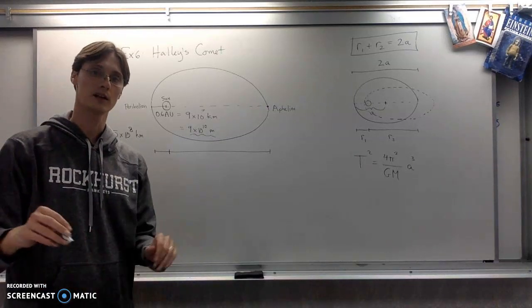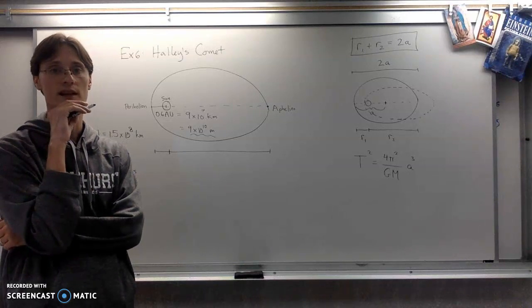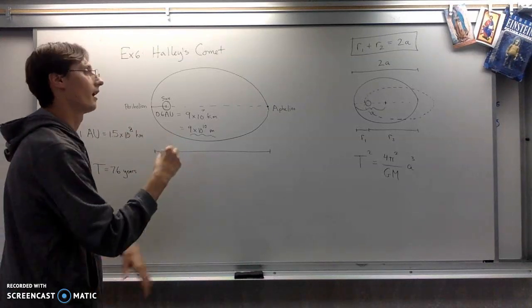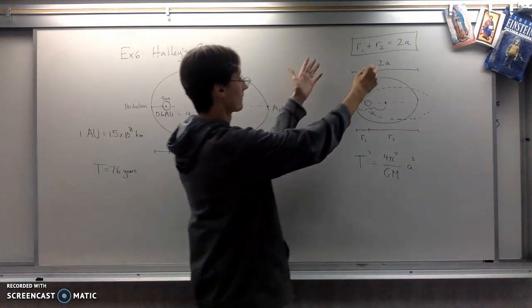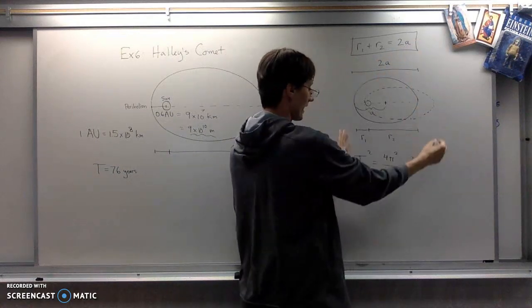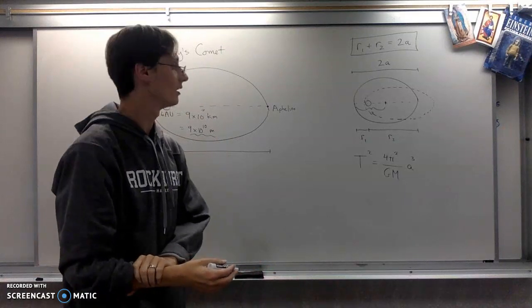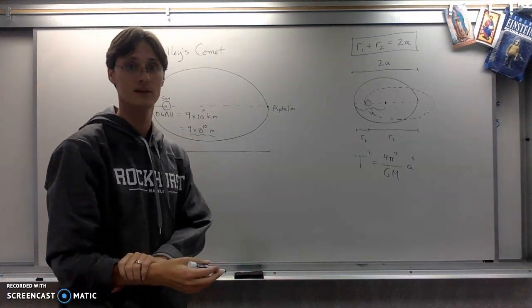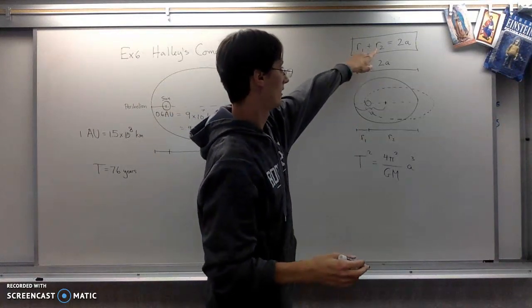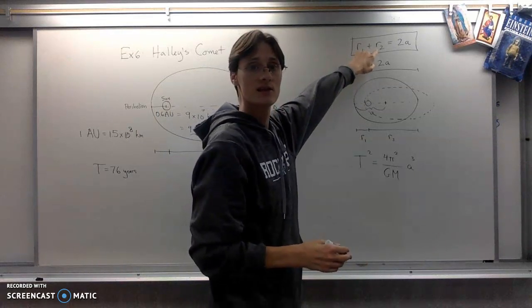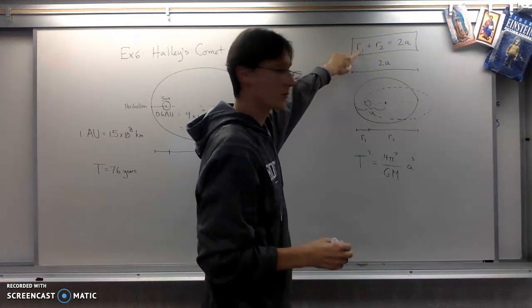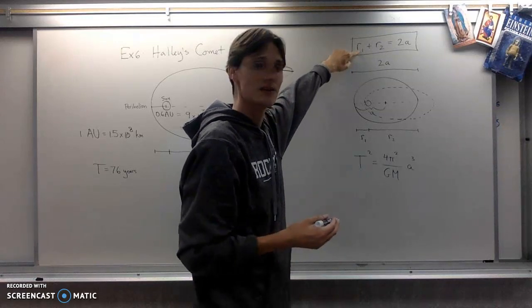Okay, don't panic. What you should do at this point is think, well, okay, I know some geometry, and I know Kepler's third law. I should be able to put those together to solve for the aphelion distance, because I know R1, that's the perihelion distance.